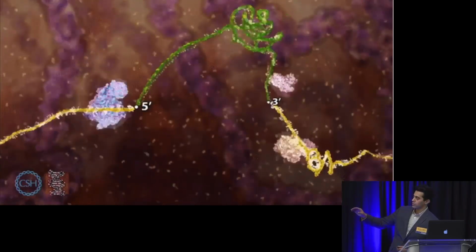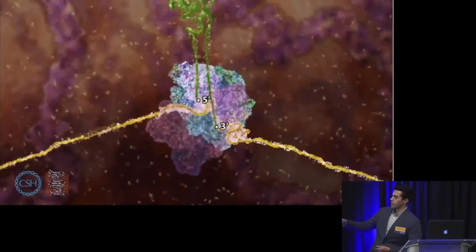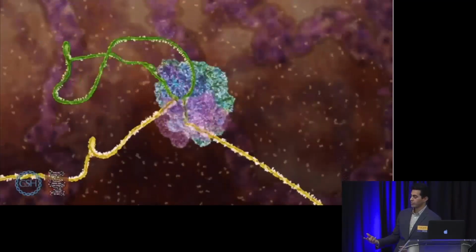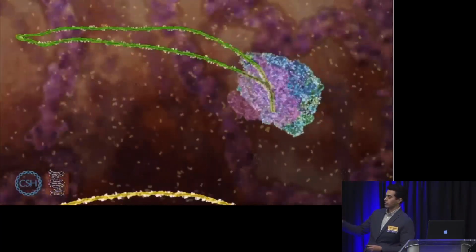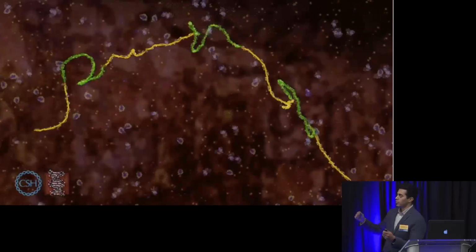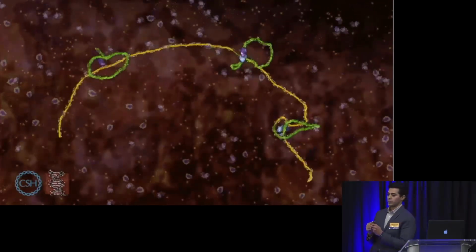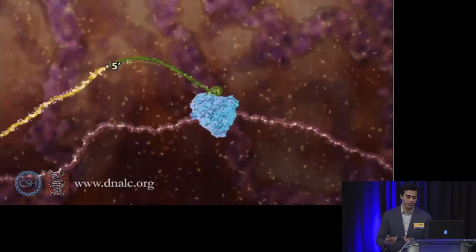The two different color strands you're seeing are exons and introns, and these 3D blobs floating around are the splicing factor proteins. As you can see, the splicing factors are binding onto the intronic sequence at the boundaries, bringing them together and removing them from the pre-mRNA transcript to make the fully mature mRNA transcript.